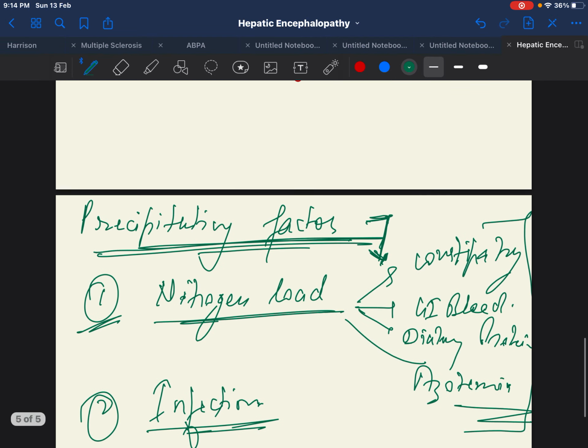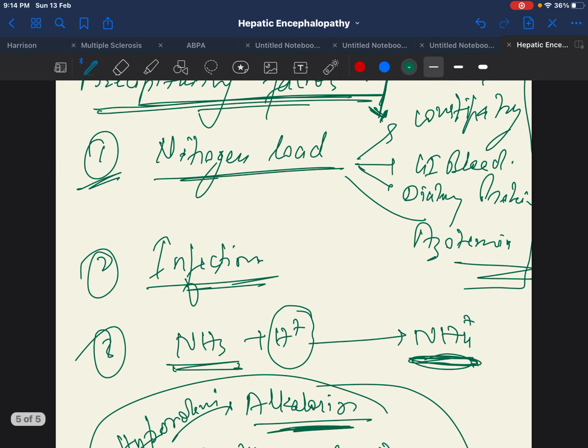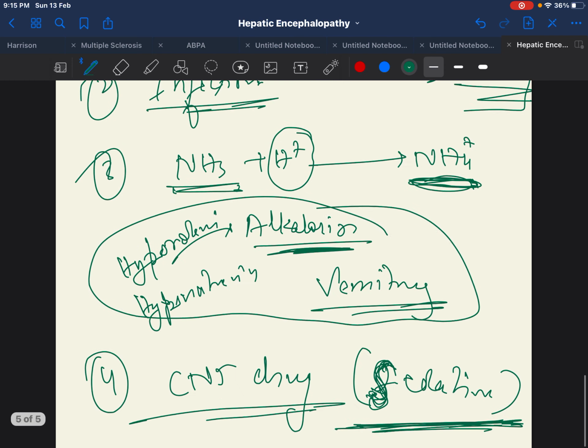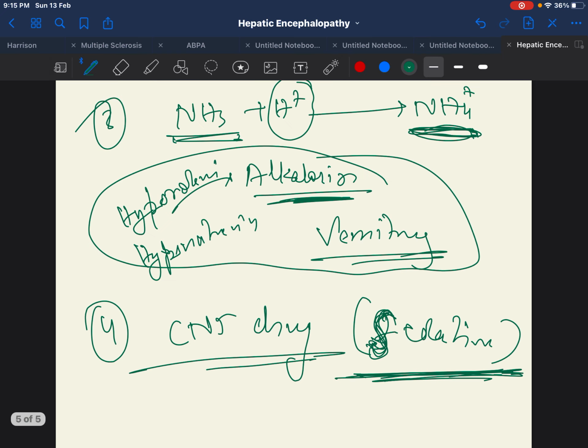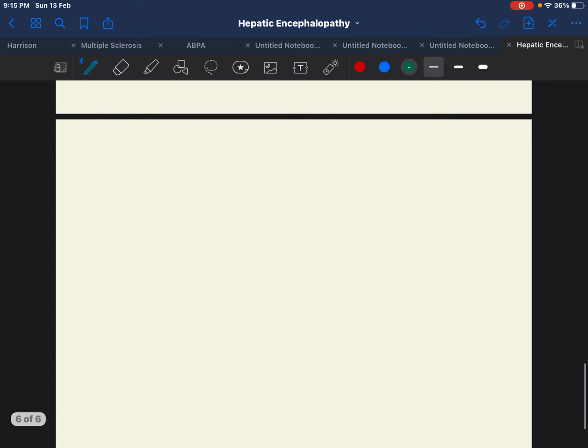So precipitating factors are very, very important. We should keep in mind all the factors which increase the nitrogen load, that is constipation, GI bleed, dietary proteins, azotemia. Others are infections, hypokalemia also, and these sedative drugs.